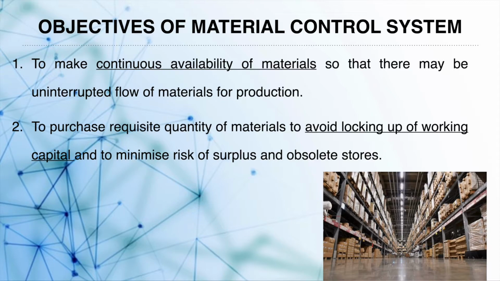Therefore, we need to have a proper control system over the materials. The number one reason is our production must not be interrupted, that means stopped or paused. Uninterrupted means there's a continuous flow of production.